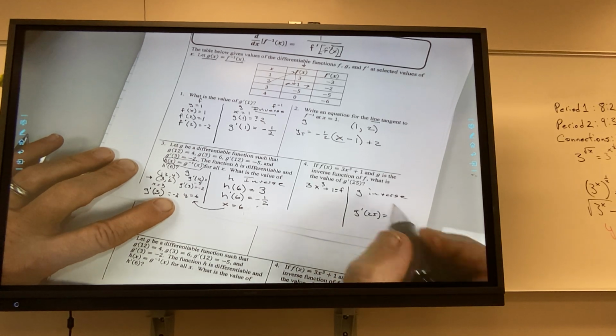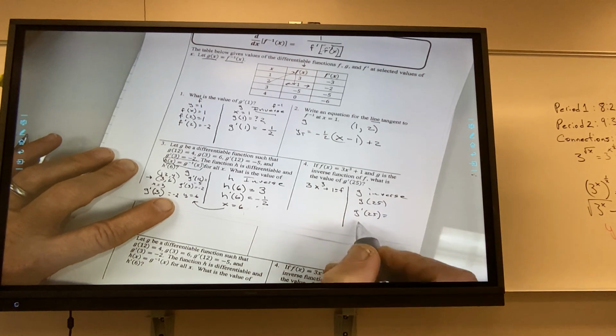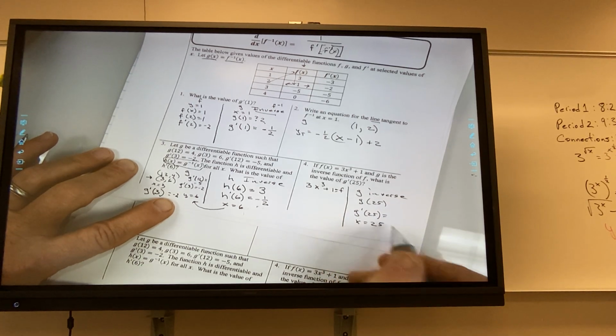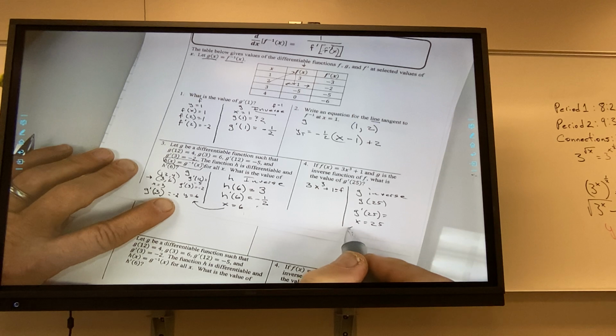Equals what? Well, I need to know what g of 25 is. That means x is equal to 25. You see all the stuff I write? And then I'm going to come over here, and what is that 25 going to become? A y.